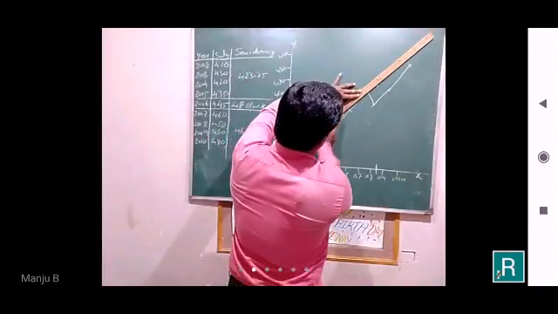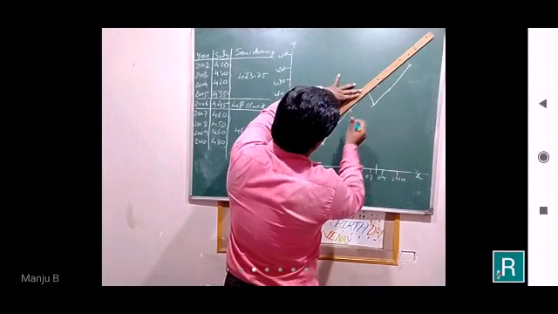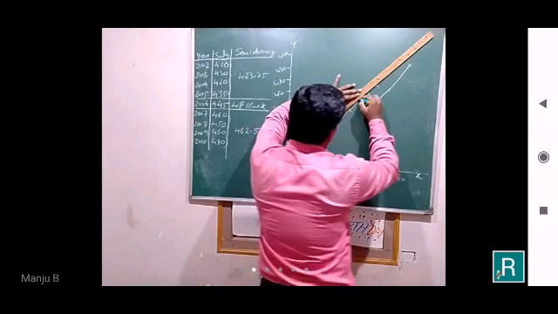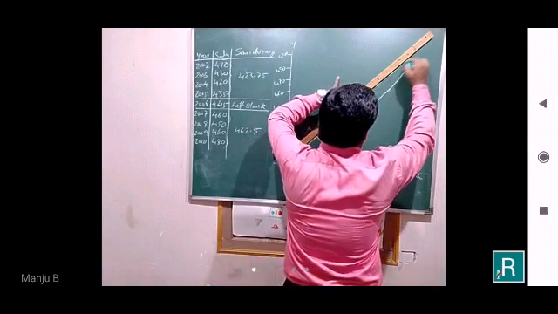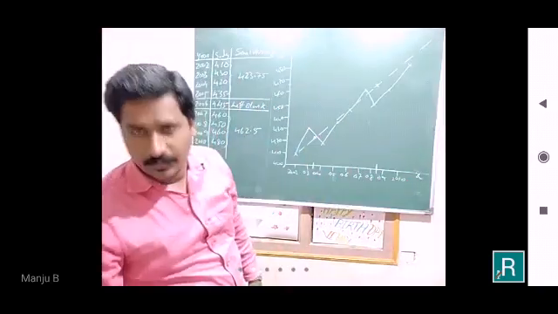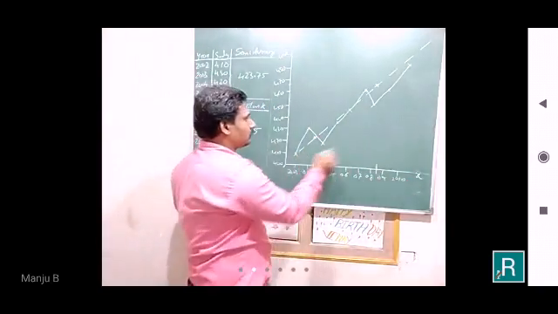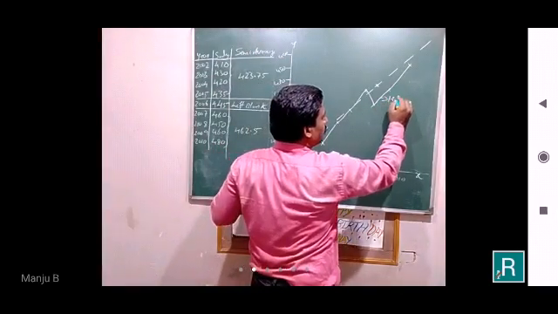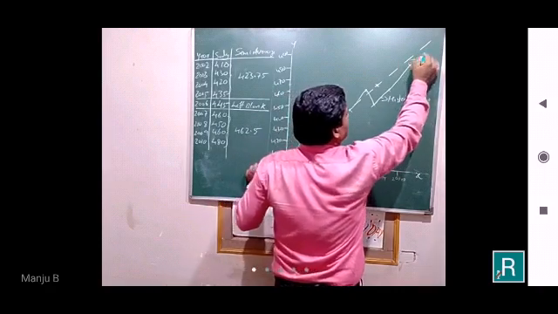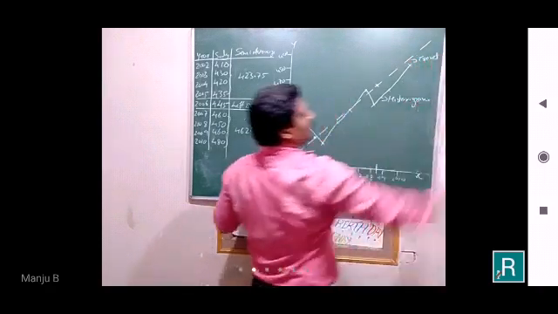So here I am joining these 2 points. So this is the histogram line and this is the trend line.